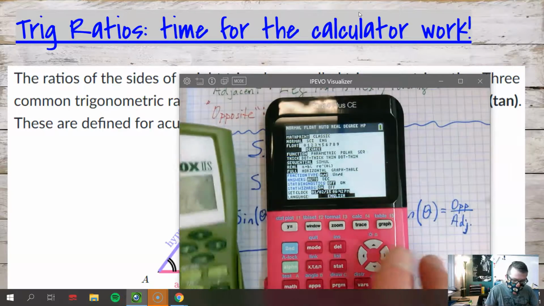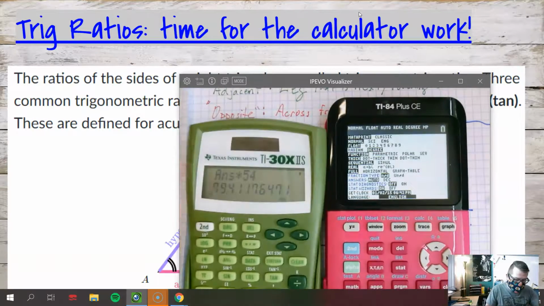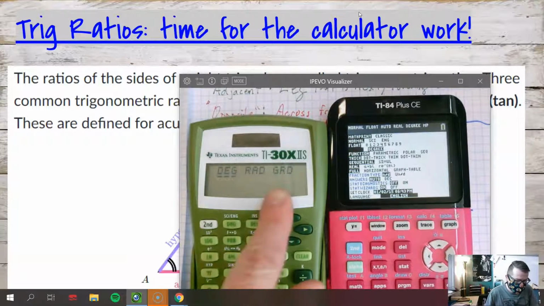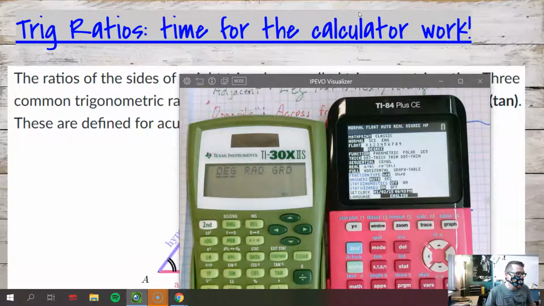So whether I'm in my graphing calculator or my scientific calculator, I can choose whether we're dealing with degrees, radians, or ignore the GRD thing. That's gradient, I think, but we're not going to go into that. We need to be in degrees until we need to be in radians.